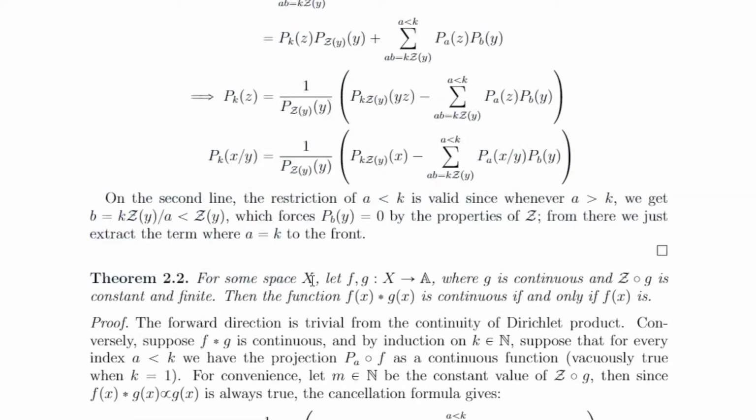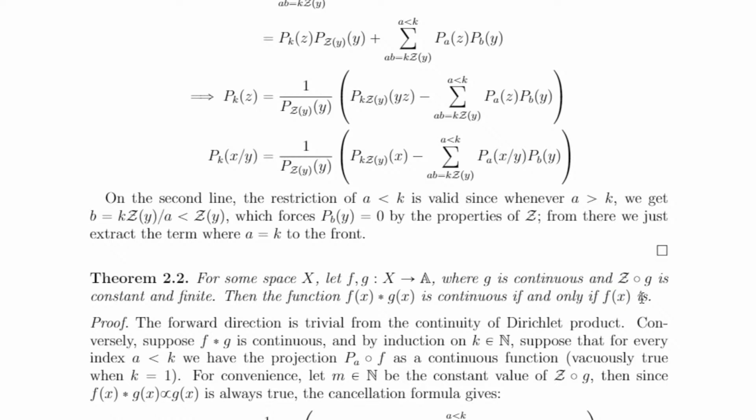If we have some topological space x, and we have functions f and g that map this space x over to our A space, and we restrict g to be a continuous function, and the z value of g of any of its inputs is constant and finite, then what this theorem is saying is that the function f of x times g of x is continuous if and only if f of x is continuous.